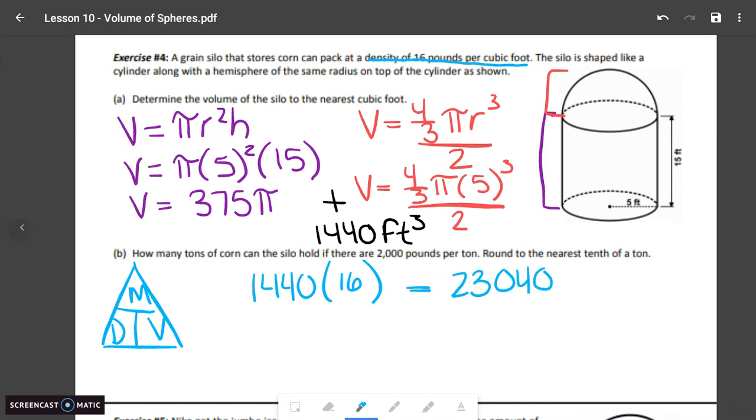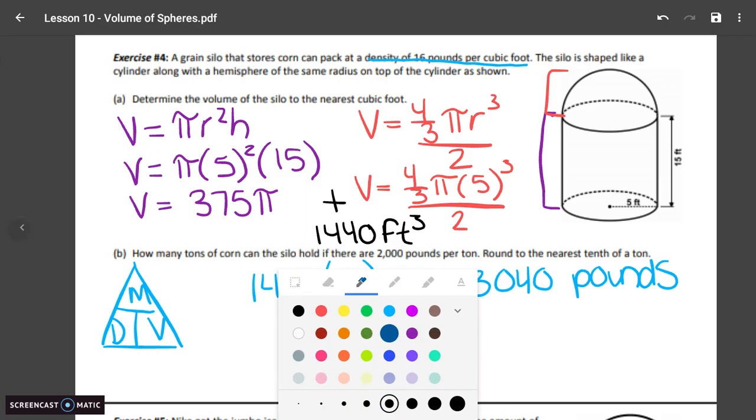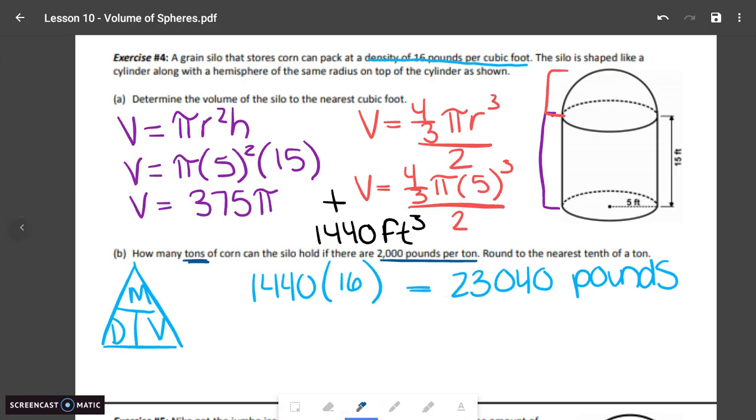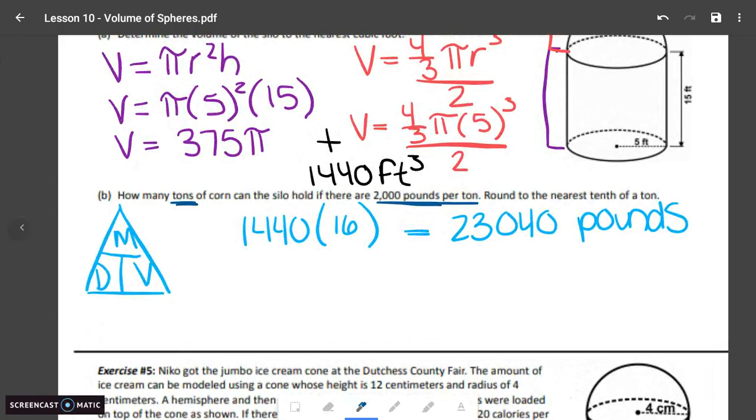Now remember, that's pounds because it was 16 pounds per cubic foot. So those two went together. We want to know how many tons we can hold. So there's 2,000 pounds per ton. So in this case, we're going to divide by 2,000 because when I do that, I'd be dividing the pounds out and canceling those.